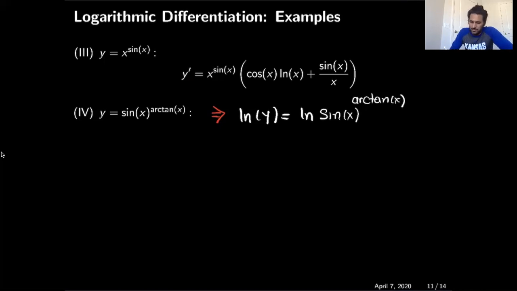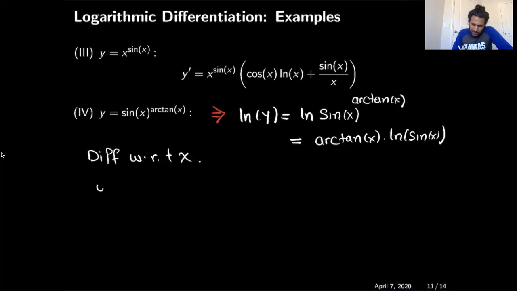The exponent will be flipped over. So we have the arc tan of x times natural log of sine x. We use the property of the exponent: the exponent will flip over the log. Now I will differentiate both sides, so differentiate with respect to x.